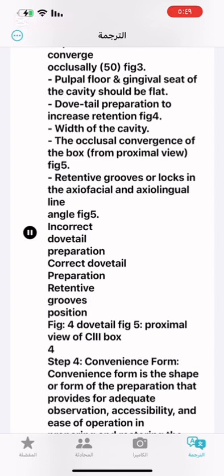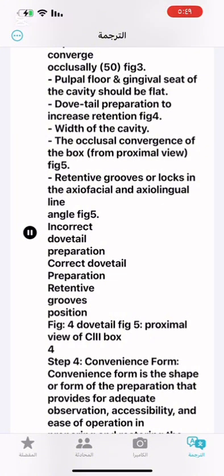Incorrect dovetail preparation. Correct dovetail preparation. Retentive grooves position. Fig 4 dovetail. Fig 5. Proximal view of Class 2 box.